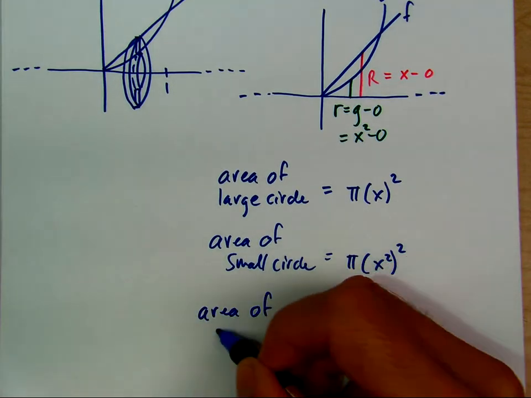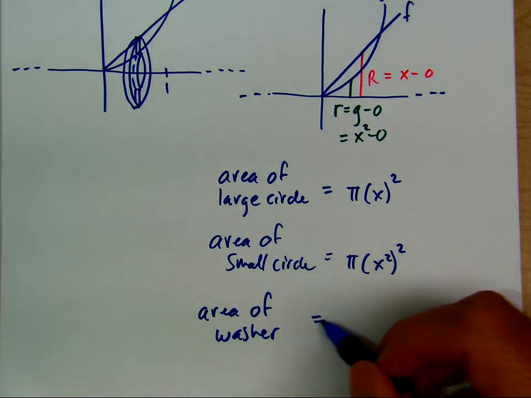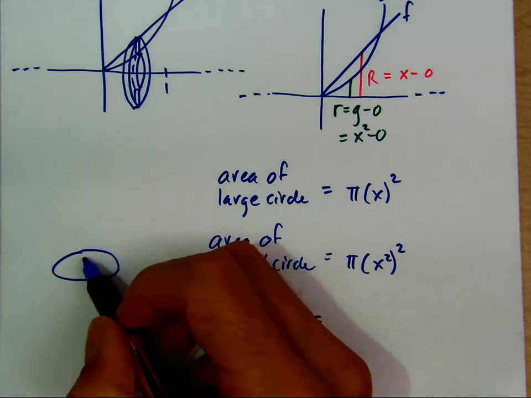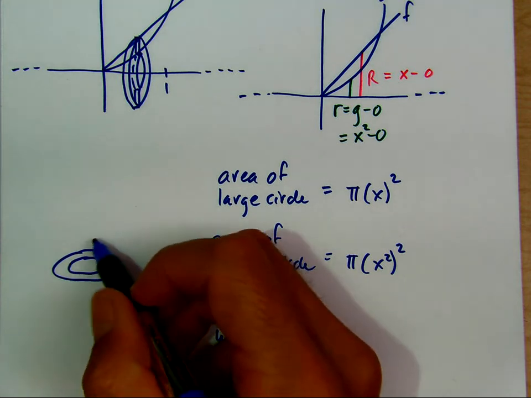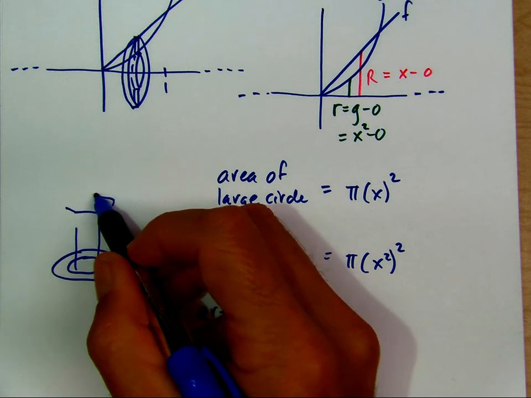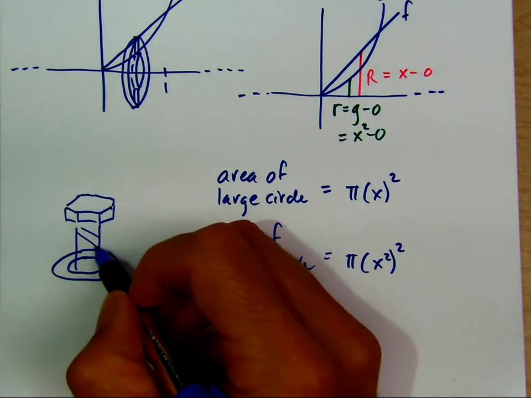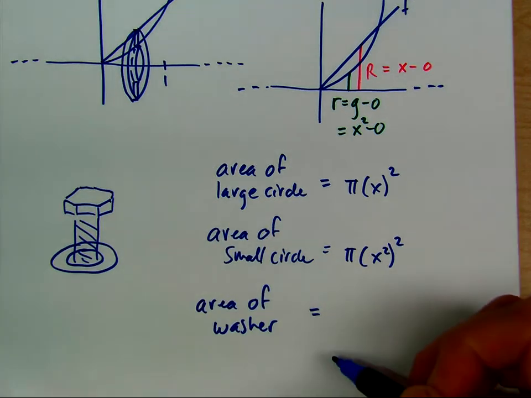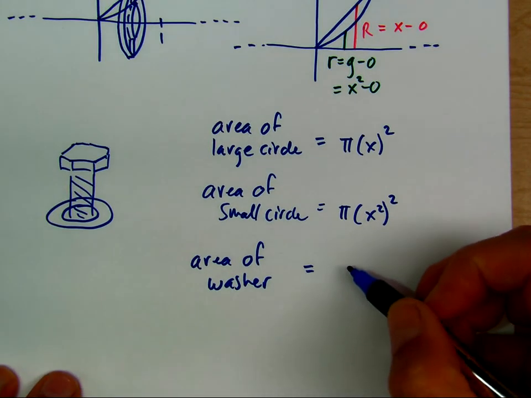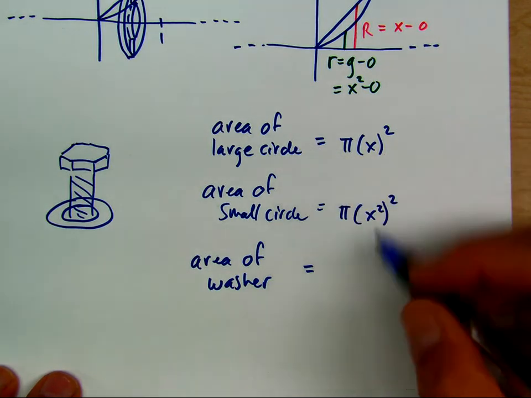So we can say that the area of the washer, they usually call it a washer, and this type of washer is the one used with nuts and bolts, where you have something like that, and then you have the nut. There's the washer. That's what they call it, a washer. The area of the washer is just going to be the large circle minus the small circle.